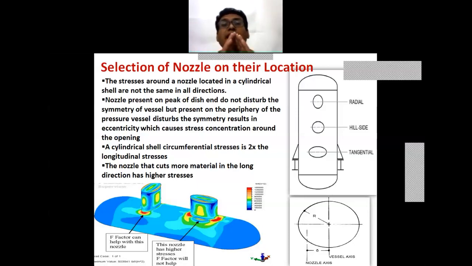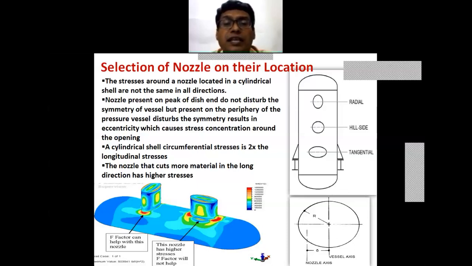It is not symmetric in all directions, so there is a disturbance which causes uneven stresses, and these uneven stresses in the vessel may lead to failure. So while designing or providing the nozzles, one has to think about the symmetry also. Generally, prefer the nozzles with symmetry.